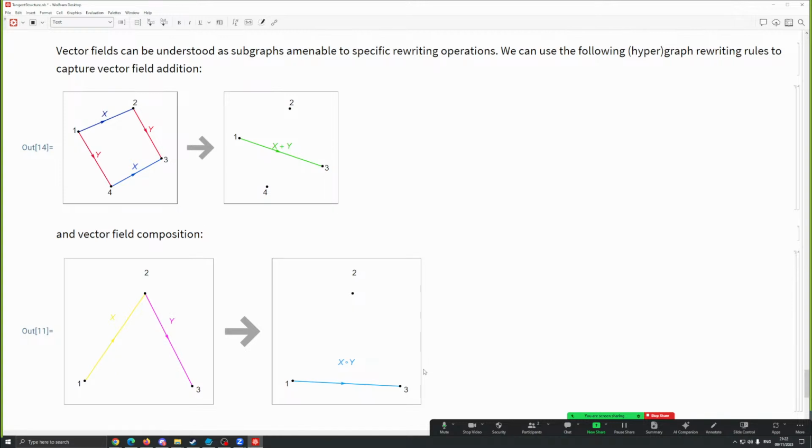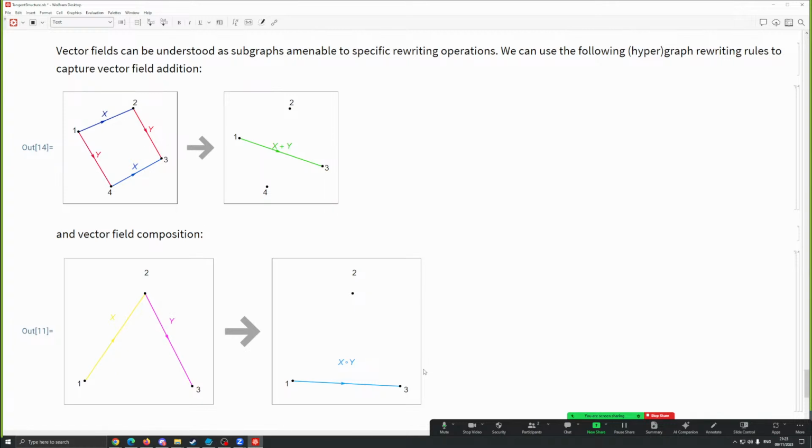There's no ambiguity. We know this, right? It's the matrix multiplication of... You have to think that you're rewriting just the subgraph of your tangent bundle. I was just confused at first. Oh, sure. Yeah, exactly. You're rewriting the pattern matching that has the labels that carry the vector fields, right?